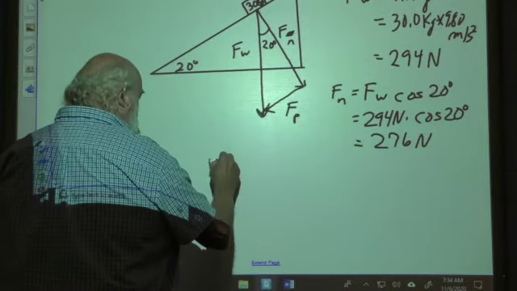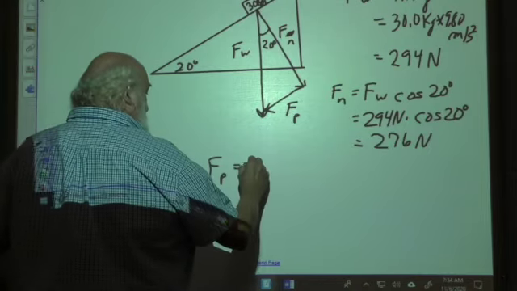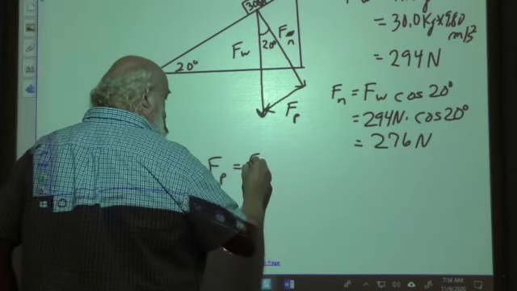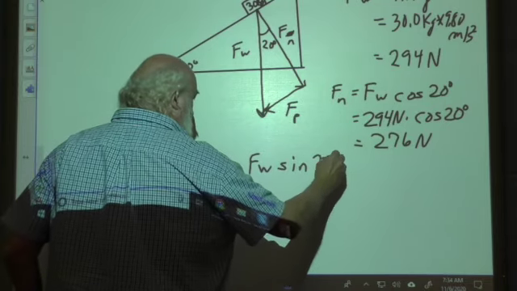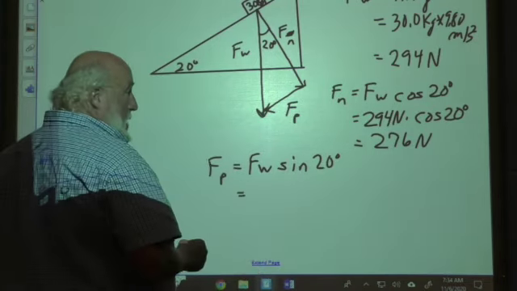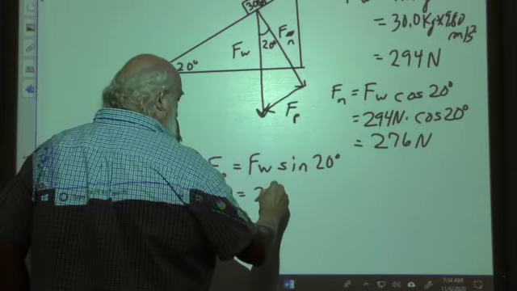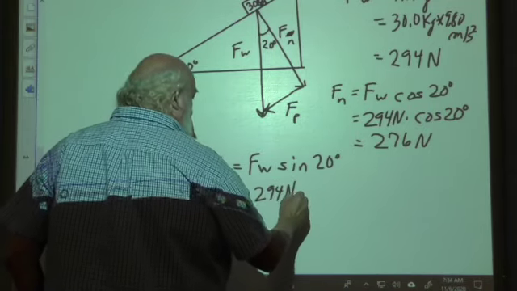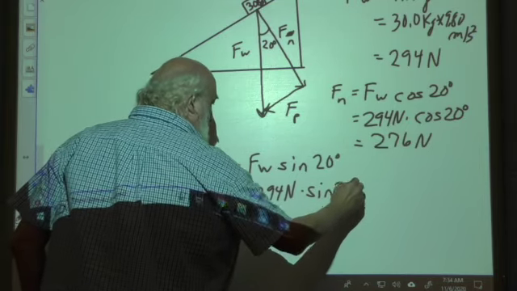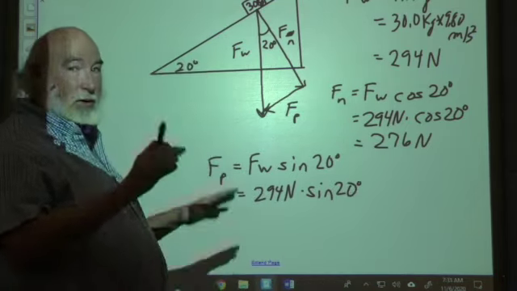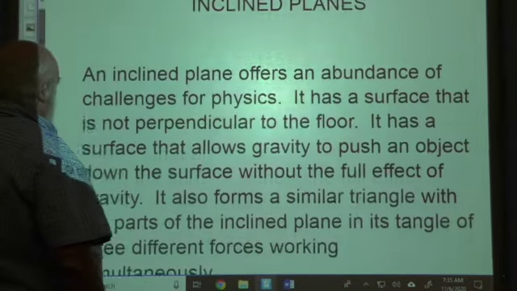Fp then is equal to Fw times the sine of 20 degrees. So Fw then is, again, 294 newtons times the sine of 20 degrees, whatever that is, and I don't really care, because I just type it in my calculator, it comes out nice and clean and rounded off to 3 sig figs and all that good stuff.